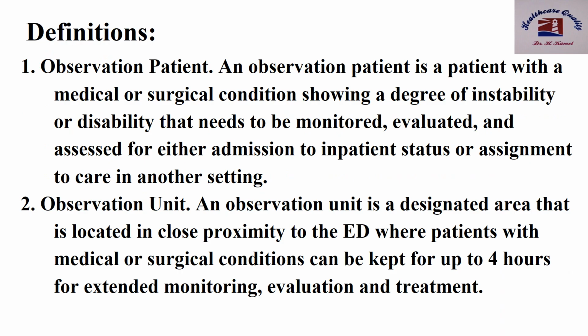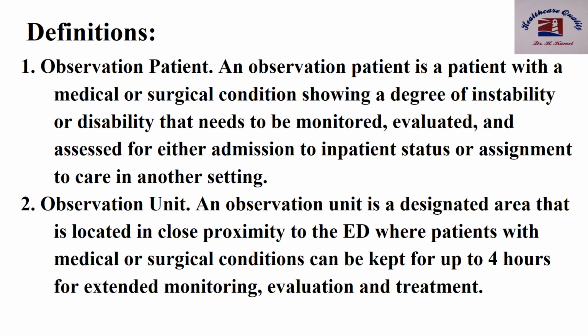Definitions. 1. Observation patient. An observation patient is a patient with a medical or surgical condition showing a degree of instability or disability that needs to be monitored, evaluated, and assessed for either admission to inpatient status or assignment to care in another setting. 2.